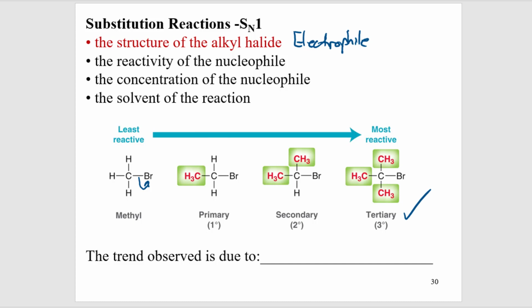Tertiary alkyl halides are the ones that have the leaving group leave, and what's left behind is a very stable carbocation with inductively electron donating groups around me with their large electron dense clouds hovering over my empty p orbital. So we see the reverse trend for the alkyl halide, and the trend observed is due to induction, or hyperconjugation.